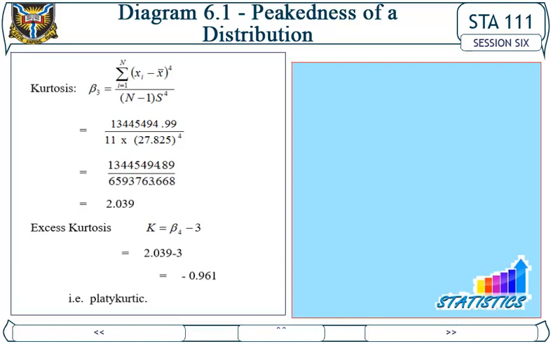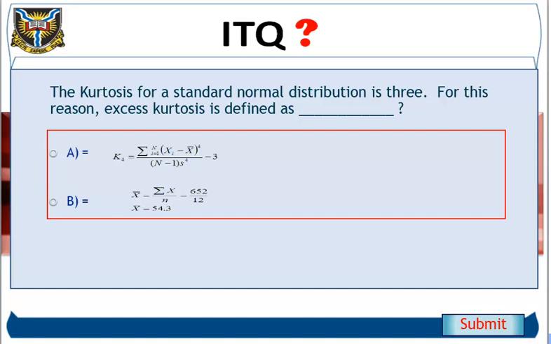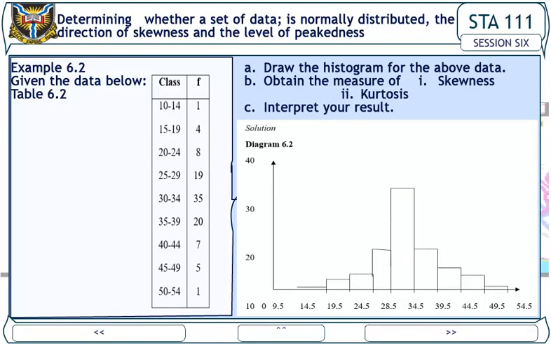Excess kurtosis K is equal to beta 4 minus 3 is equal to minus 0.961. That is platykurtic. In-text question. Determining whether a set of data is normally distributed, the direction of skewness, and the level of peakedness.